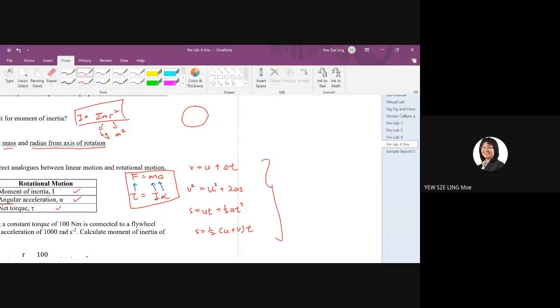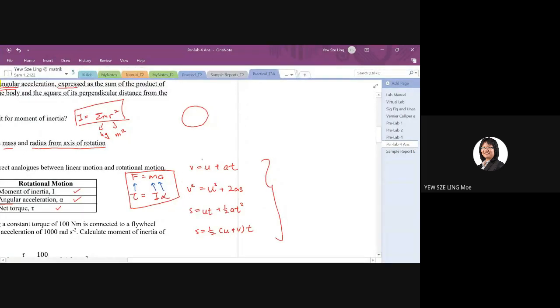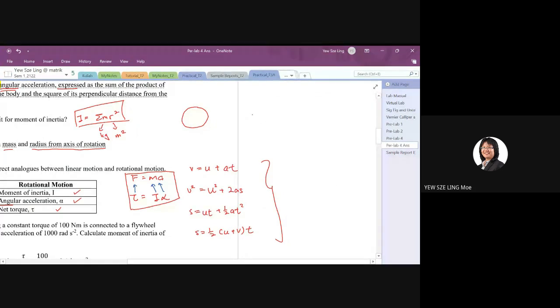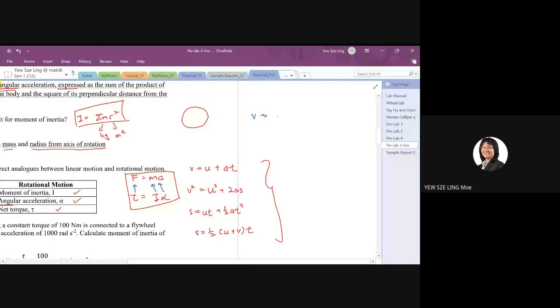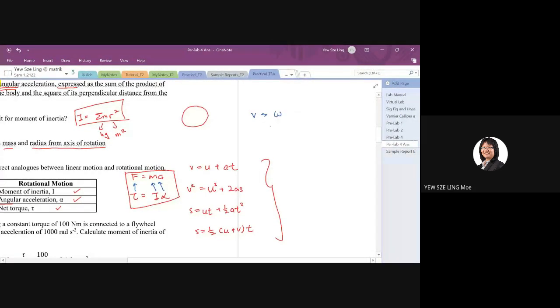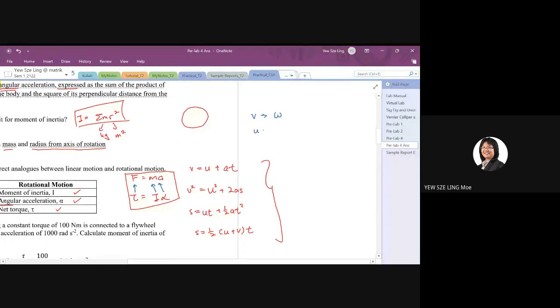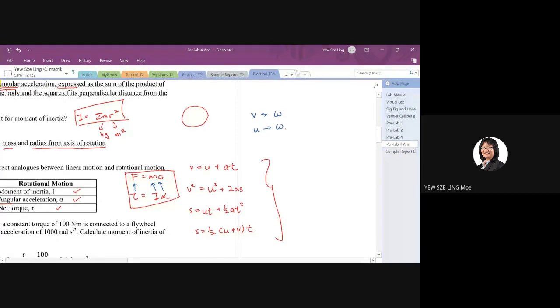How? In that case, you have to think, what are the analogs for u, v, a, s? So v in Chapter 8 we call omega, our angular velocity. u is also omega, but now we add a note to indicate that this is initial angular velocity, while the other is final angular velocity.